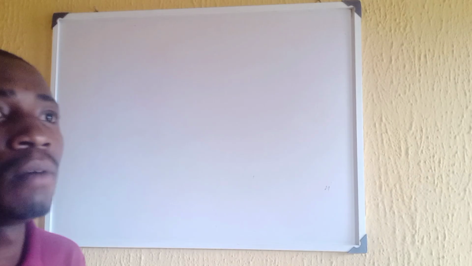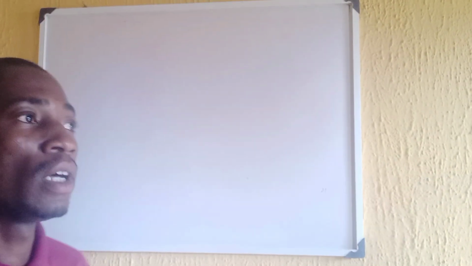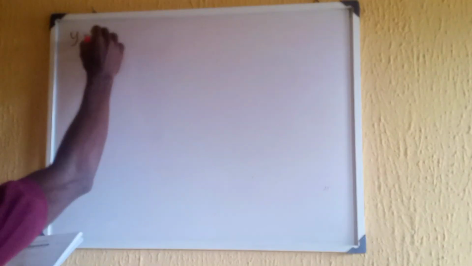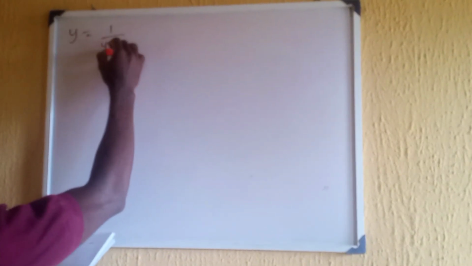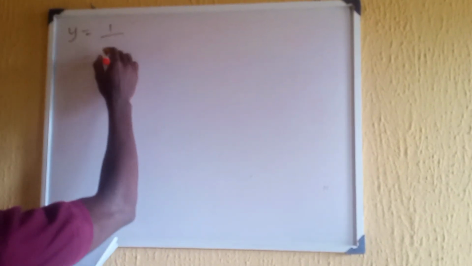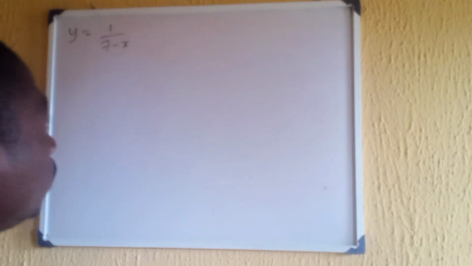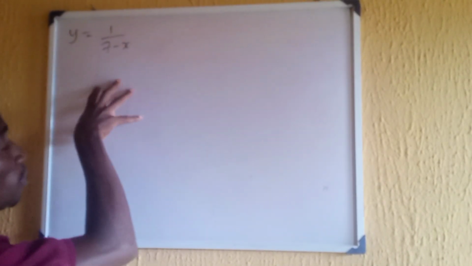The last thing I want to talk about in this lesson is how to use limits, the concept of limits, to find your range. Let's use this one as an example. Y is equal to 1 over 7 minus x. Now, we have to get the domain.